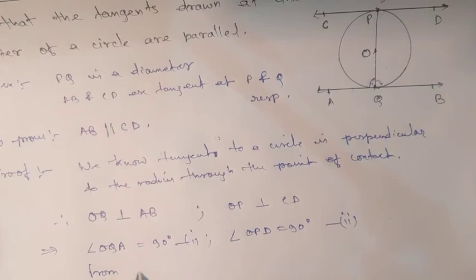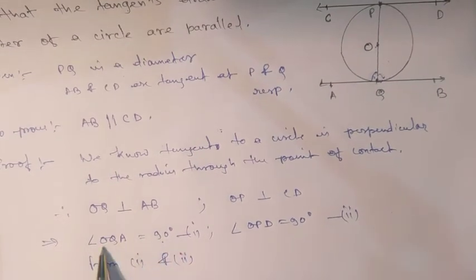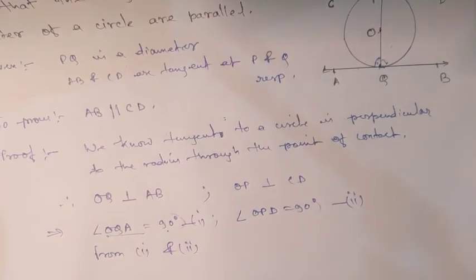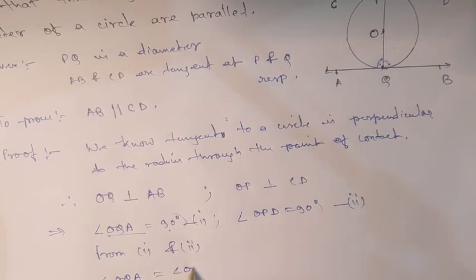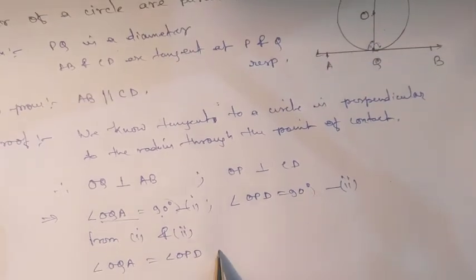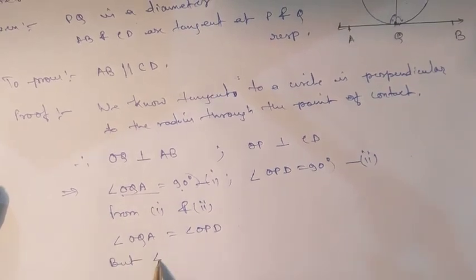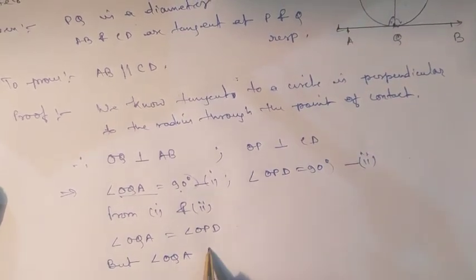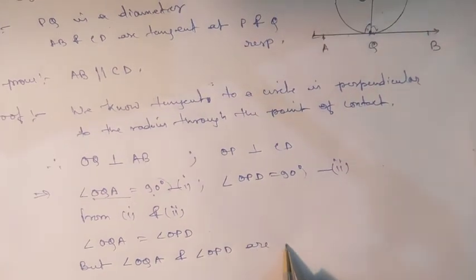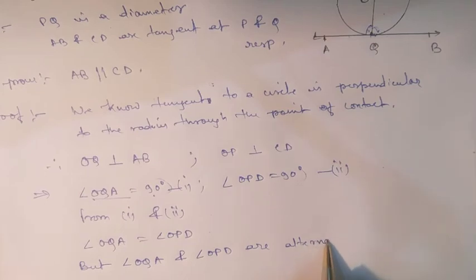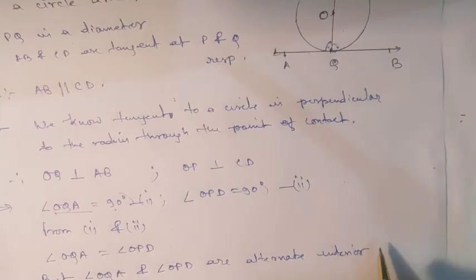From 1 and 2, what can we say? See, this is equal to 90 degrees, this is equal to 90 degrees. This implies angle OQA equals angle OPD, from 1 and 2. But angle OQA and angle OPD are alternate interior angles.